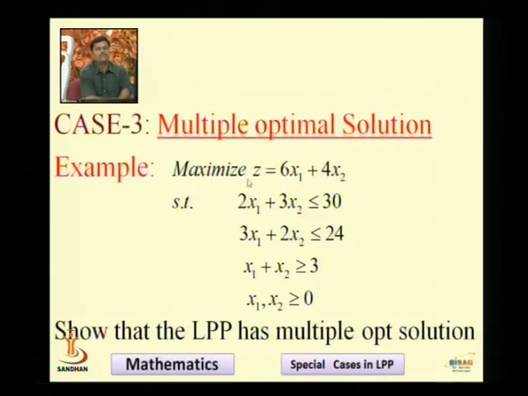That is called the optimum solution. We know the optimum solution is a basic feasible solution which gives the maximum or minimum value required in the given problem. Now multiple optimum solution means it may happen that for the same function there are more than one set of values of the variables x1, x2, etc.